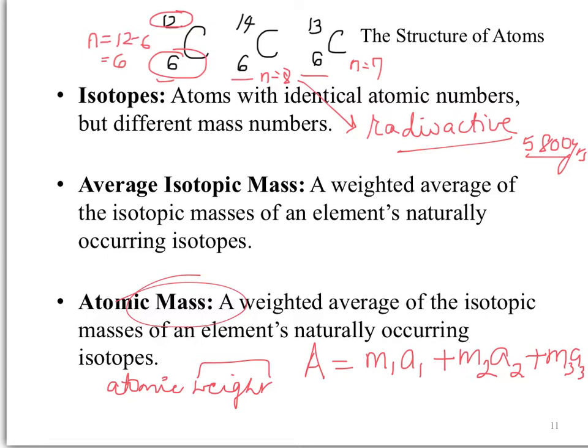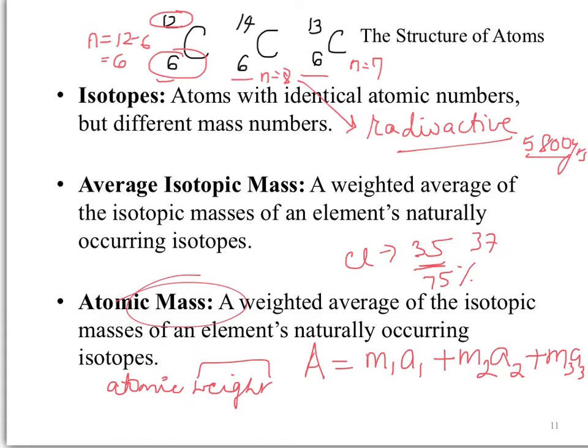Now, you can perhaps realize that since this is a weighted average, the most abundant isotope is going to play the most significant role in terms of the total mass. For instance, if you consider chlorine, chlorine has two isotopes at 35 and 37, just ballpark. The one that's at 35 is close to about 75%.